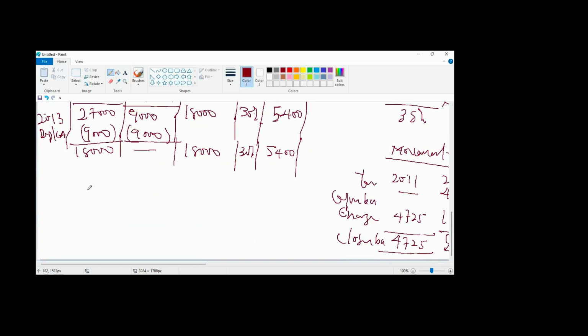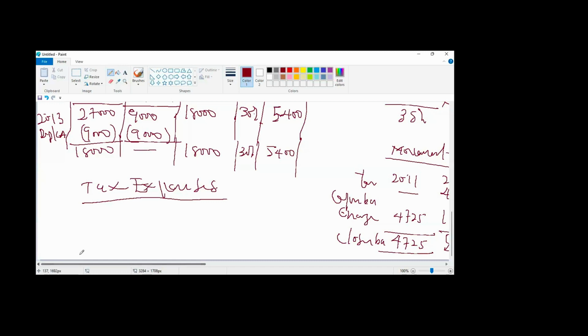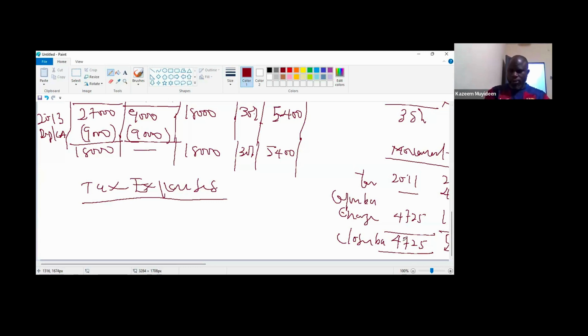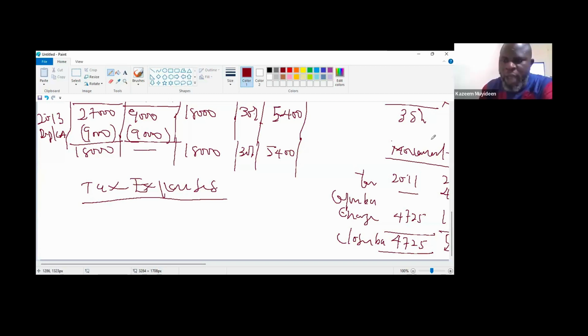Who can tell me the tax expense that will go to the P or L? 54 plus. What do we have for our current tax?